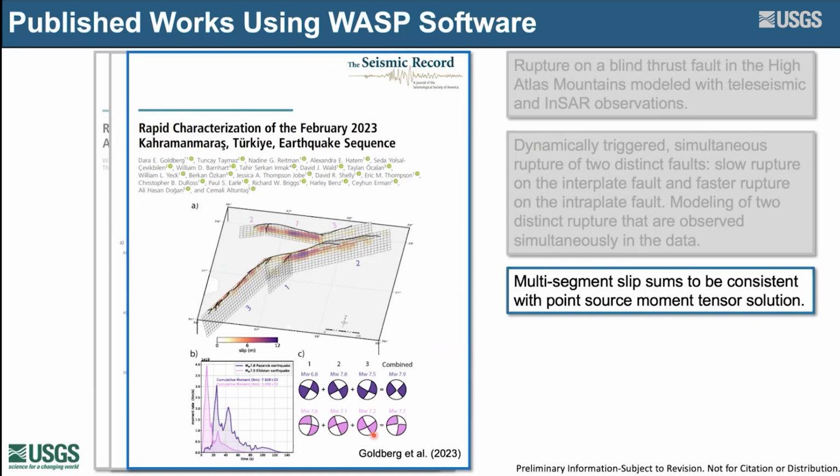And because our models normally include just a single planar fault that's roughly in line with the moment tensor, in this case, we've now added a script to WASP where you can see how the contribution from each of the planar faults contributes to the total moment tensor to give you some sort of confidence that these orientations and the amount of slip that's being put on them is consistent with the independently estimated moment tensor.